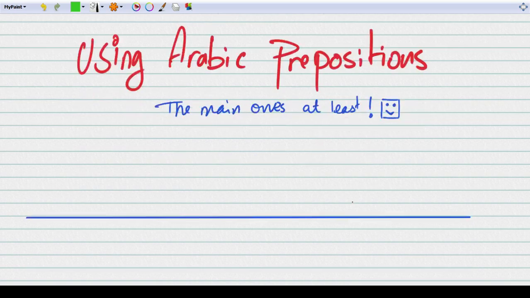So for example, let's start with min, the word min. Min can mean one of two things. Mostly it's from. Could also mean of, in the sense of something is made out of.